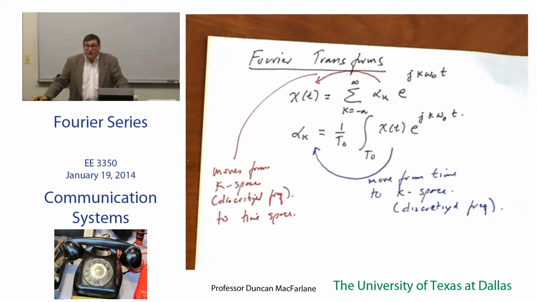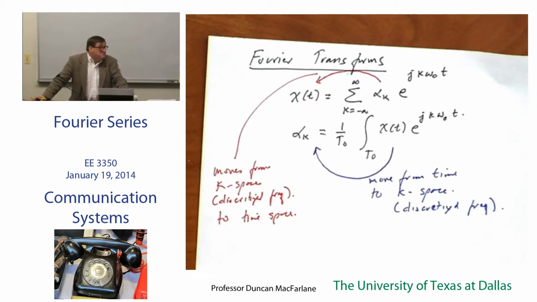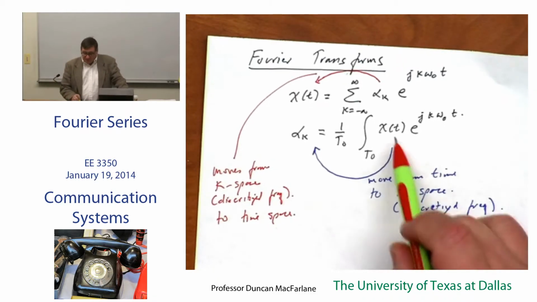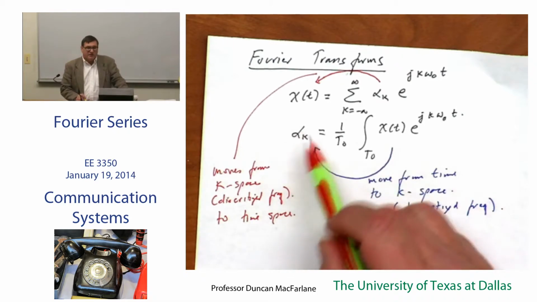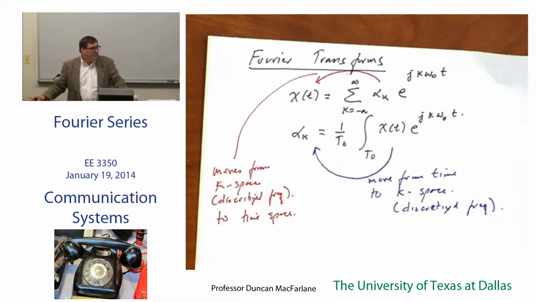So when we did our Fourier series, we were very utilitarian. How do we do this? Here are some examples, right? Well, now we put the rules together, and we look at them a little bit, and new insight comes out. I'm starting with x of t, and I move to a frequency representation. It's discretized.